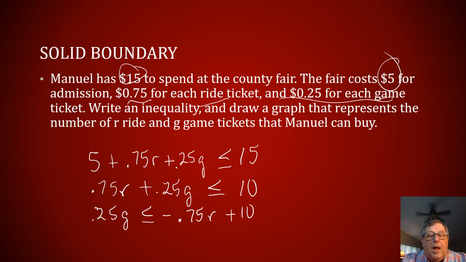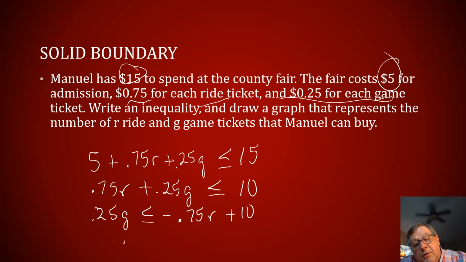We're multiplying the game tickets by 0.25, so if we're going to isolate G, which we're going to use as our Y when we go to the calculator, I'm going to have to divide this by 0.25. You know, 0.25 is really 1/4, which means I'm going to multiply everything by 4. Or you could divide by 0.25, you'll get the same answer.